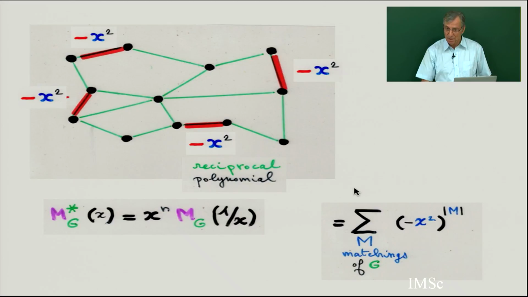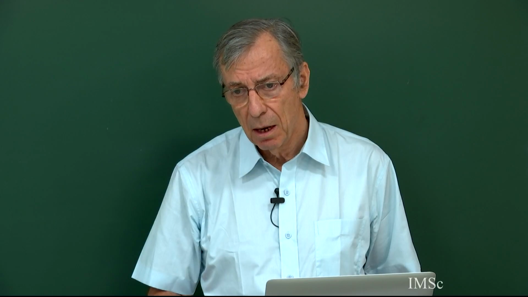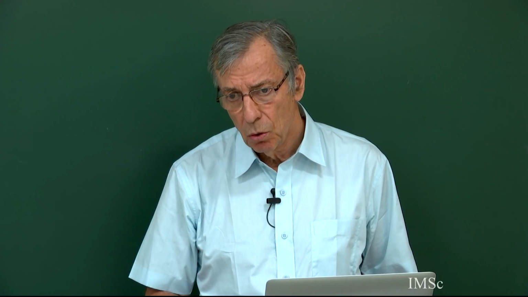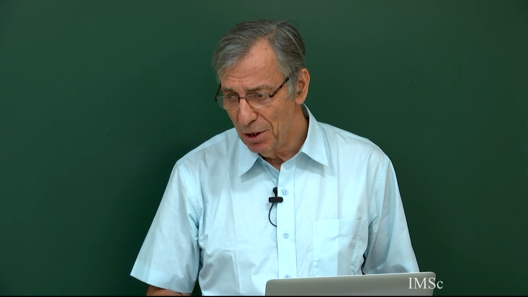The coefficient of the matching polynomial should count the number of matched edges in a graph, right? Yes. But here the coefficient is always minus 1 to the power of the number of edges, so minus 1 or 1. For each edge, it counts the number of matchings of a graph, but with minus 1 power the number of edges. It's convenient to put a minus 1 for each edge.